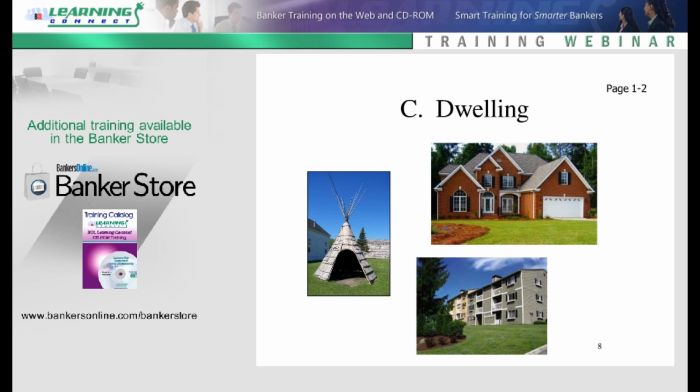So imagine I come to your bank and I say, I want to buy that complex, that village. What is it? Well, it's transitory, it's apartment, and there's duplexes. And so you've got to come up with a way to say this place is a dwelling or it's not a dwelling. And it's a mixed-use property. And we'll come back to that a little bit.